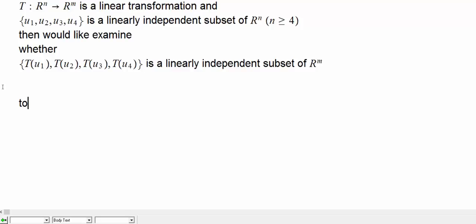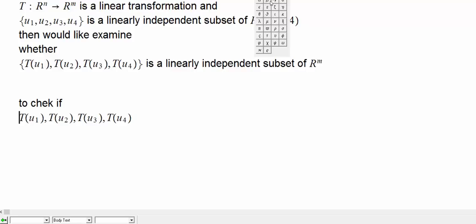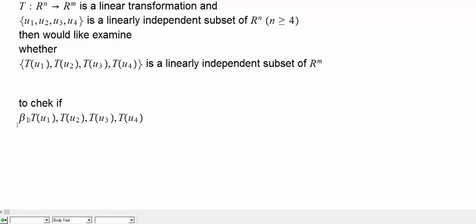So what we have to check is, if we take a linear combination of these 4 vectors, with different coefficients than the discussion before, which is equal to 0, then the only way this can happen is that all the scalar coefficients are 0, right? That's what we have to see. So let's check that here.